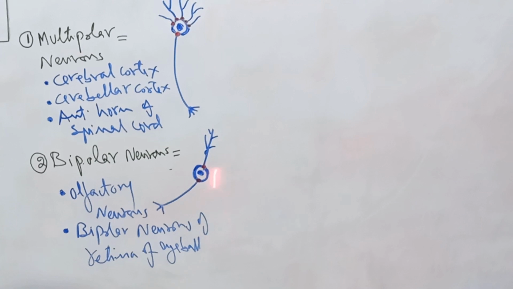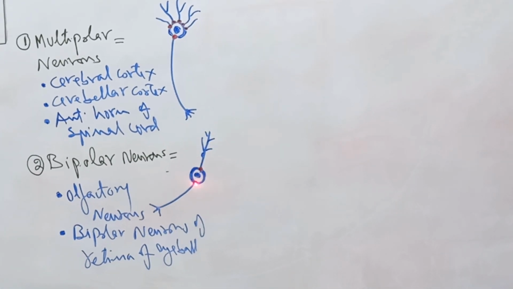Bipolar neurons have only 2 processes, one dendrite, one axon. So there are 2 poles. They are found in the olfactory system, the portion of the brain for the sense of smell. So olfactory neurons are an example of bipolar neurons, and bipolar neurons are also in the retina of the eyeball.